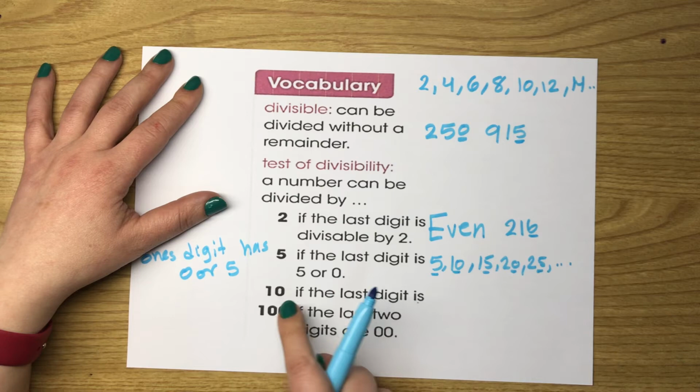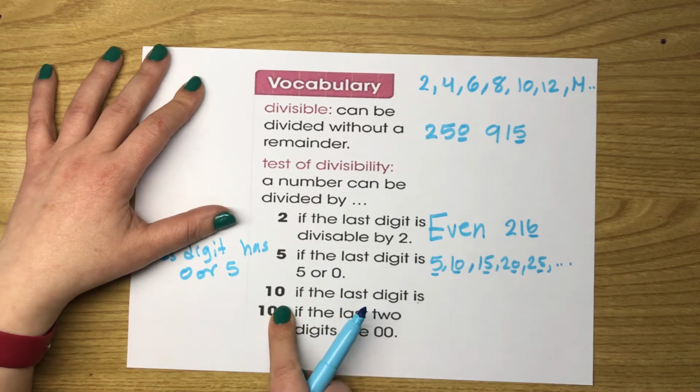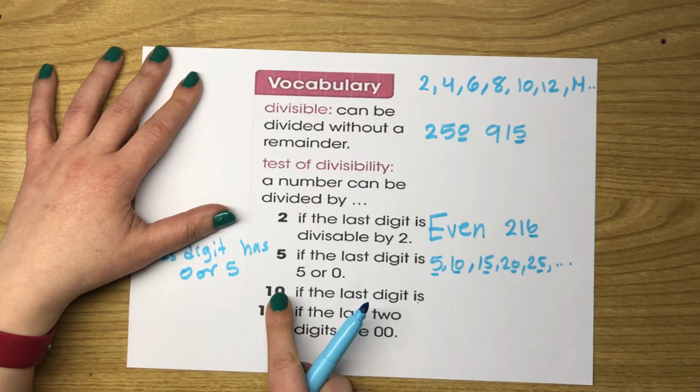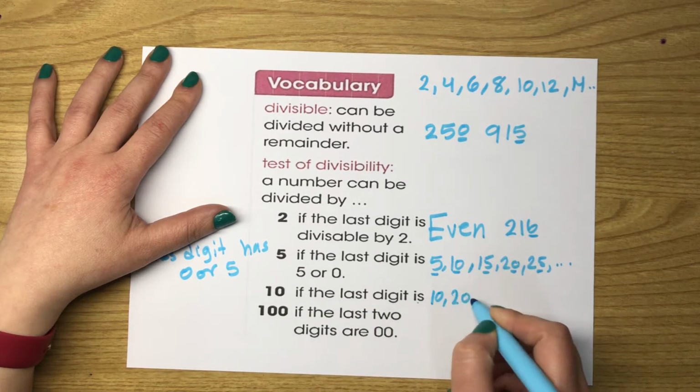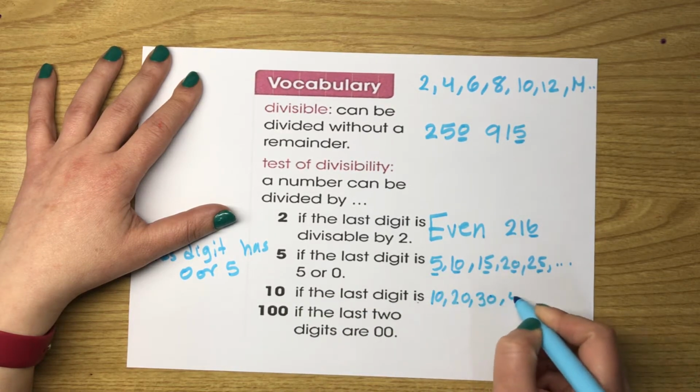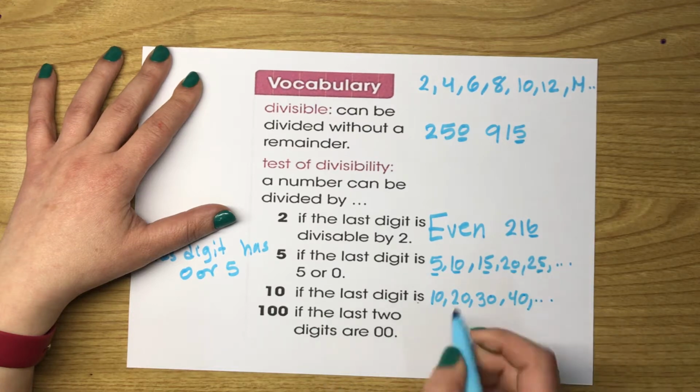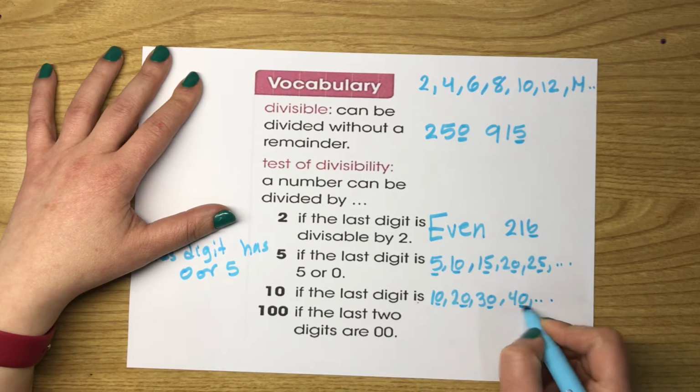Easy, right? To know if a number is divisible by 10, remember the multiples of 10: 10, 20, 30, 40, and so on. All the ones digits are 0.